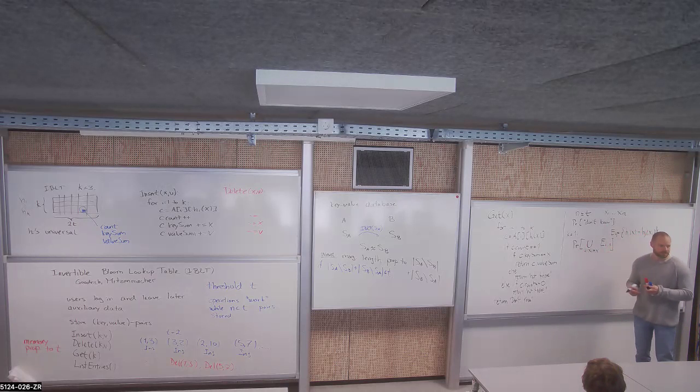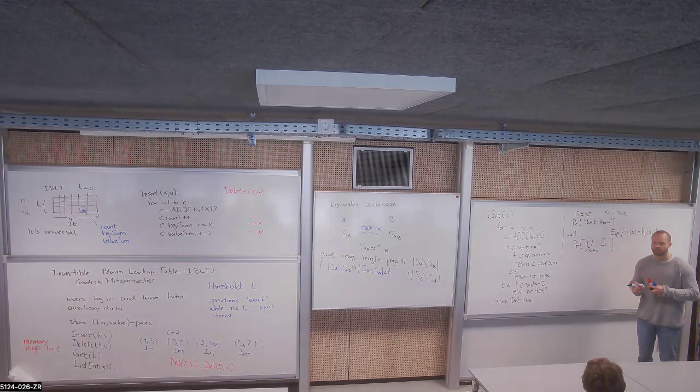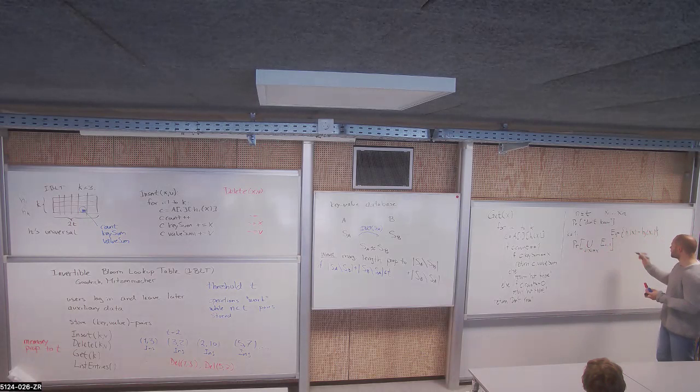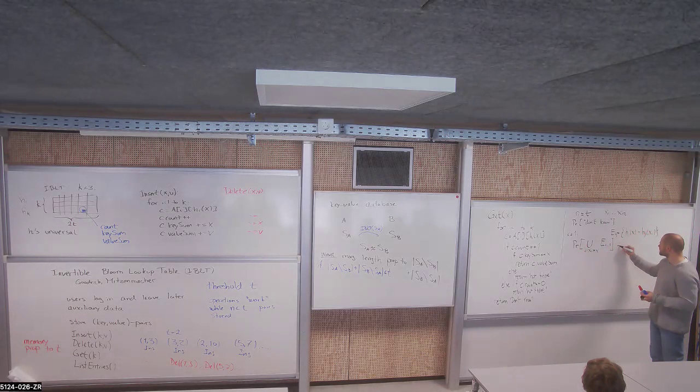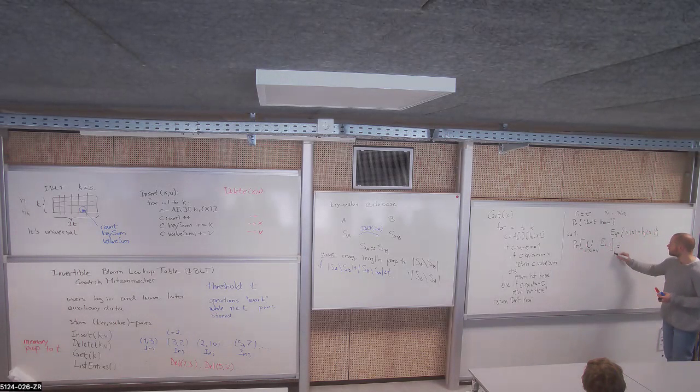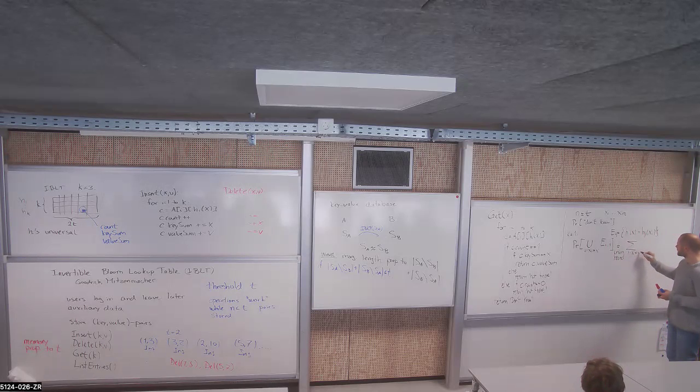So how can we bound the probability of this union? Yeah, union bound, right? So it's at most the sum for those i's such that xi is not equal to x, of the probability.